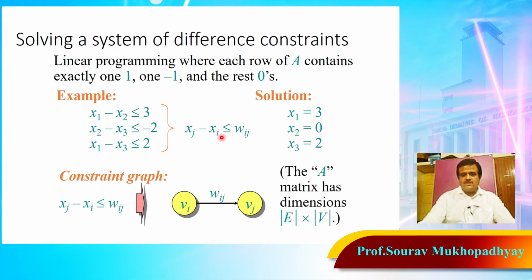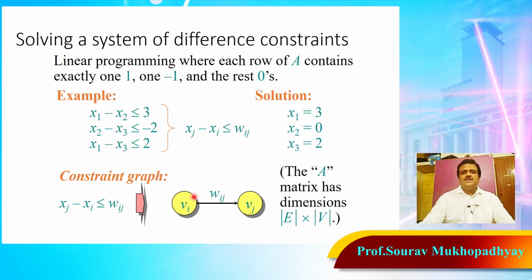This corresponds to a vertex xi, or vi if you like to use v notation, and this is vj, and this is the weight of the edge. So every inequation gives us an edge over here. So, given the inequations we can form a graph. Okay, that is the idea.